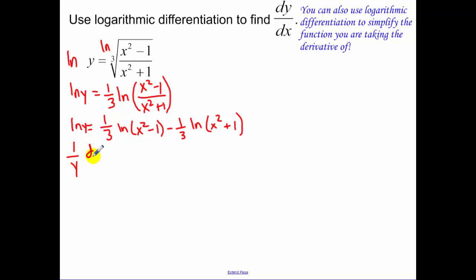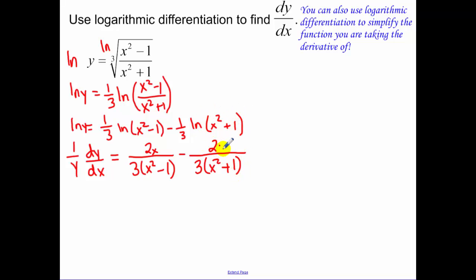1 over y, we have an implicit there, dy/dx, equals, well I know I'm going to have a 3x squared minus 1 on the bottom, times the derivative of what was inside our logarithm, so that's 2x. I'm going to have something very similar over here: 3x squared plus 1 times the derivative of that, which is 2x. Now I multiply both sides by y.